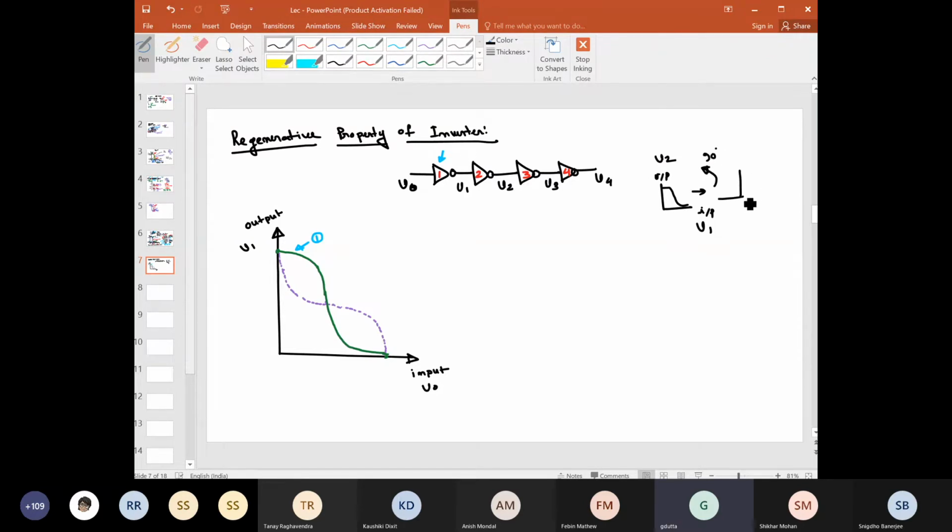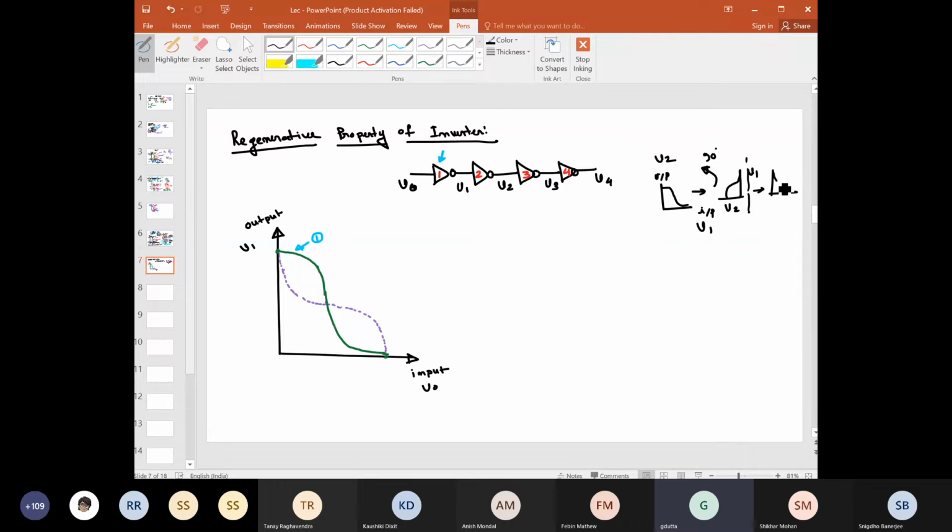So what you will get is something like this. Here you have now V1 and here you have now V2, right? But here the axis is in this direction, so take a mirror reflection along this.